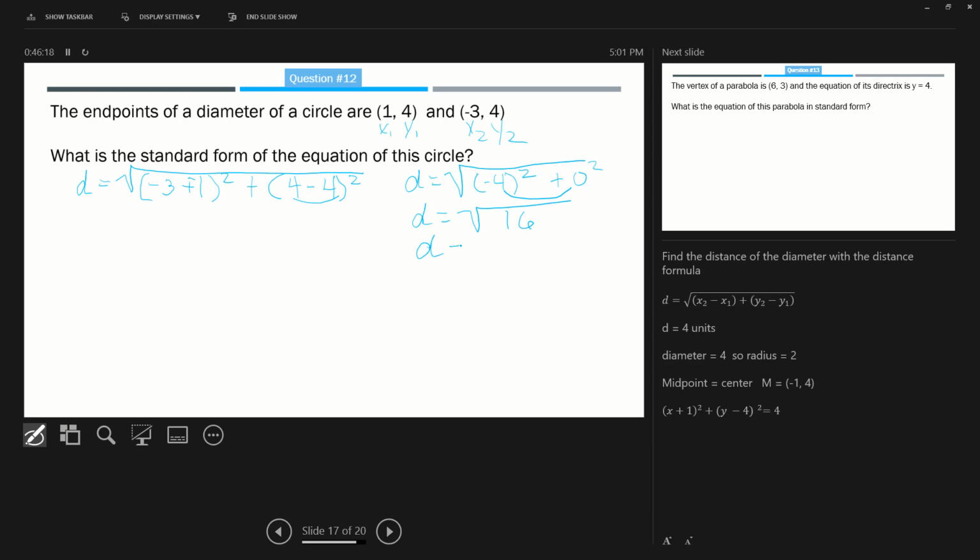So the distance is equal to, distance is always going to be positive, so I'm just going to take the positive 4, not the negative 4. So the distance between these 2 points is 4 units. That's the diameter. I need to find the radius. The radius is going to be half the diameter, so I'll take that 4 and divide it by 2. The distance of the radius is 2 units.